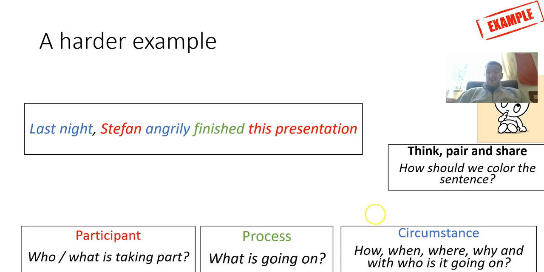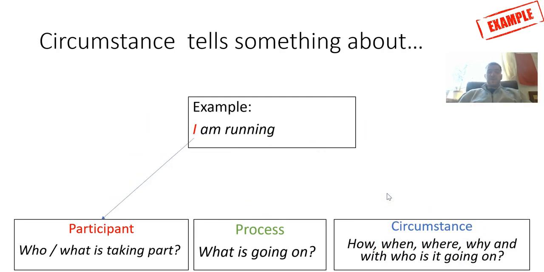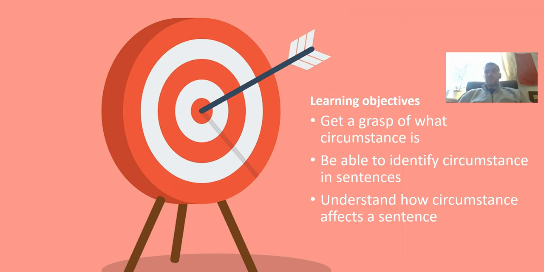So we are going to spend most time on working on descriptive language, trying to describe the world around us using circumstance. And we are going to attempt to do so through the following learning objectives. So I'll just recap the learning objectives. We're going to work a little bit and try to get a grasp of what circumstance is.